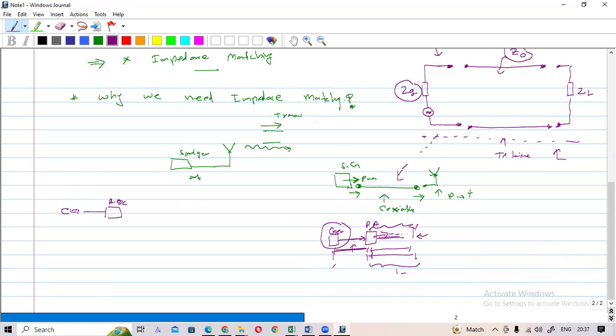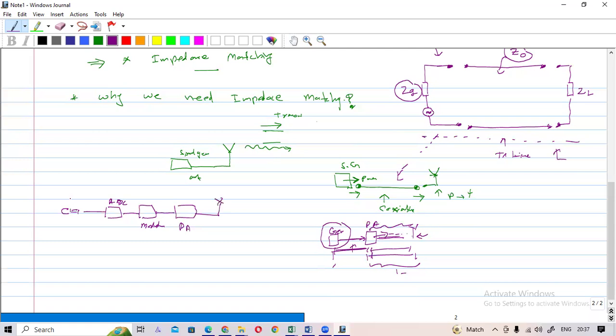Then that is fed to a modulator, digital modulation. That modulated signal is fed to a power amplifier, then it is fed to the antenna.